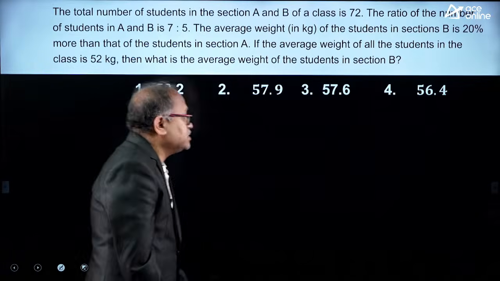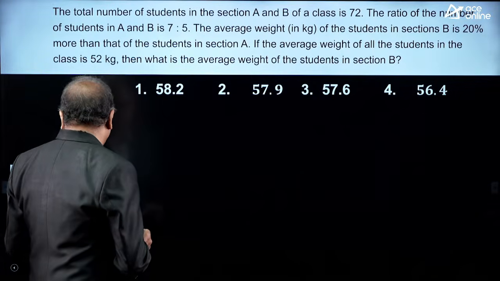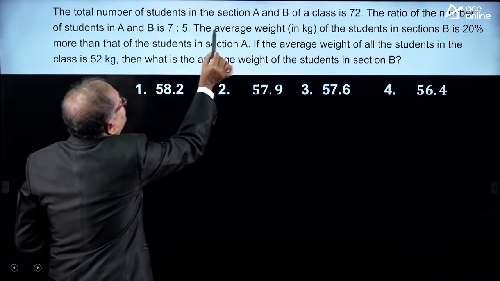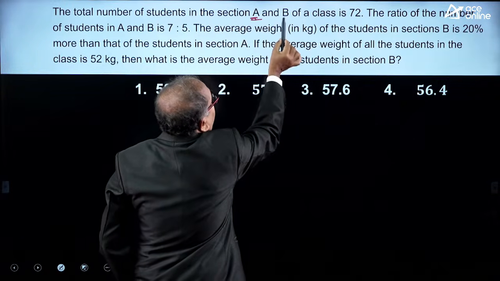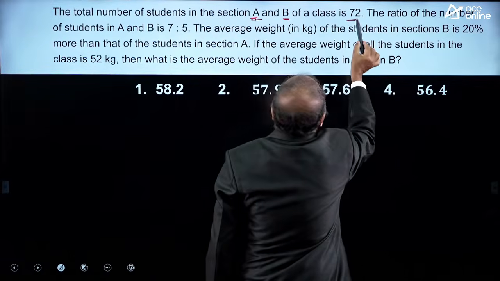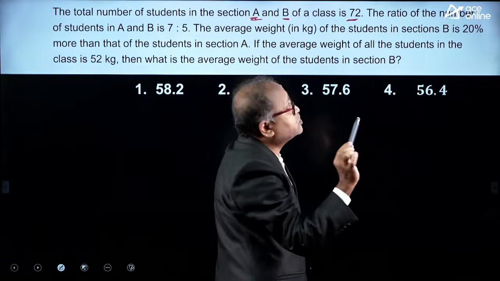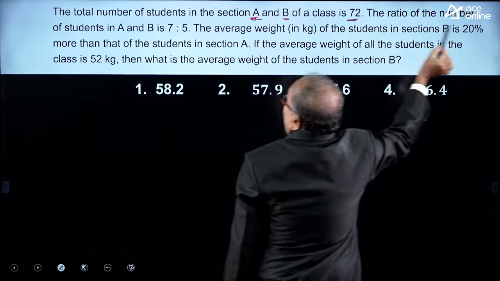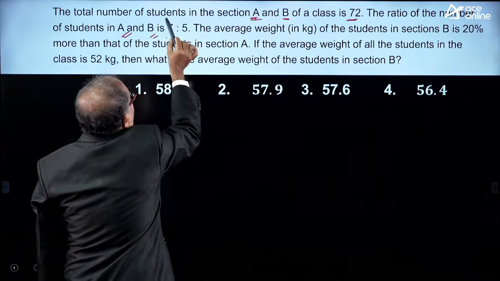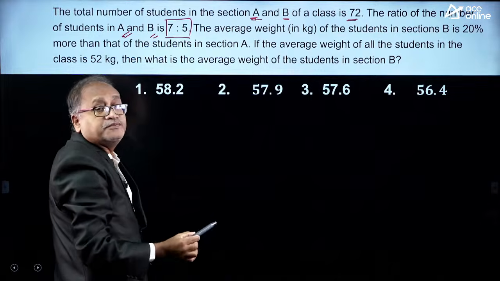This question: the total number of students in section A and B in class is 72. Now the ratio of the number of students in class A to class B is 7:5.